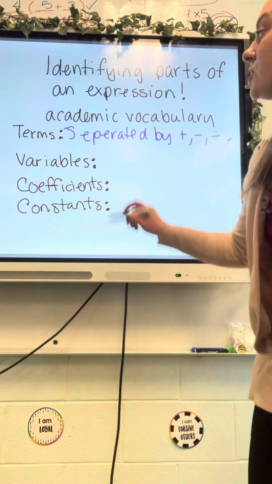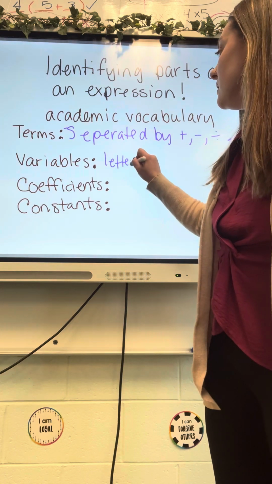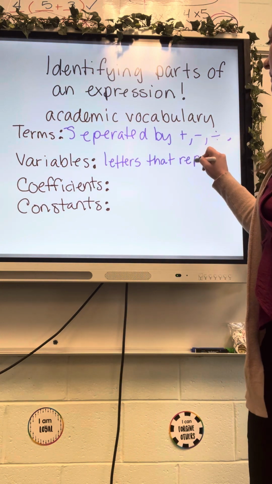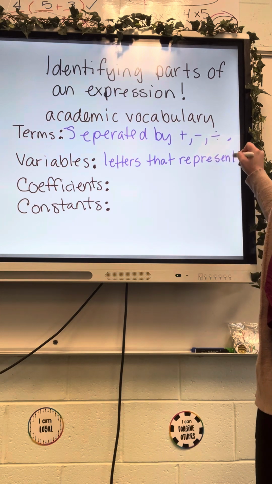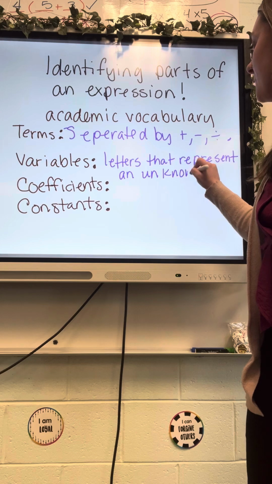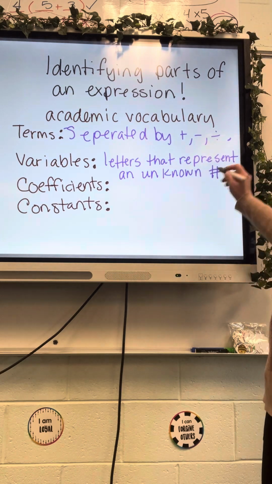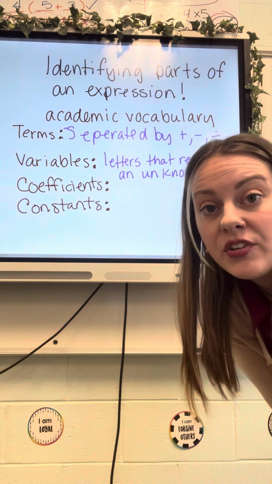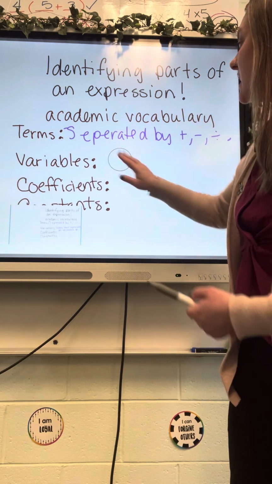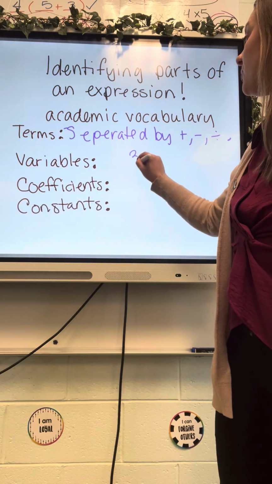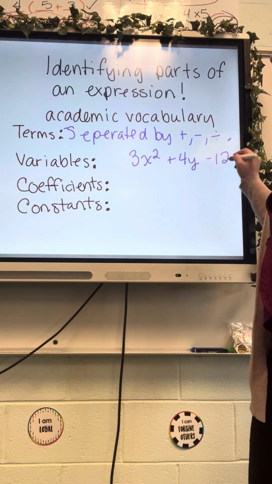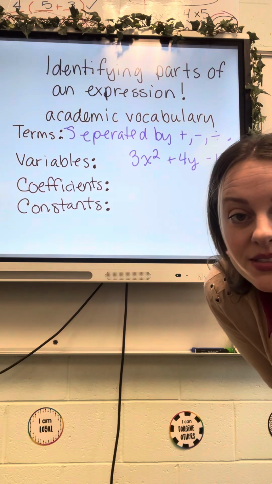Variables. Variables are letters, and they represent an unknown quantity, which means an unknown number. Usually you have to figure it out or they'll tell you what it is and you plug in. So for example, if I had 3x squared plus 4y minus 12, what are the letters?